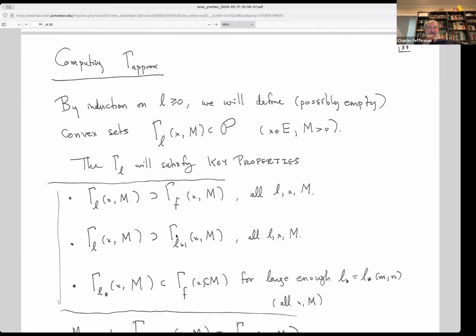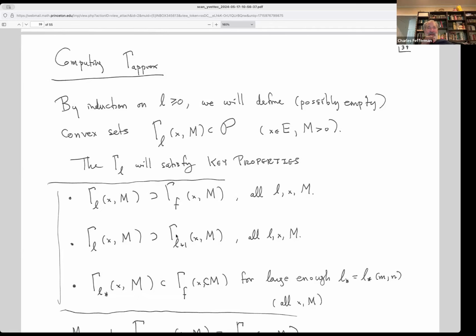And the third statement is that if you carry this procedure out L star steps, where L star is a large enough integer constant depending only on little m and little n, remember those are the parameters of our Banach space, then although gamma L star contains the gamma that we want, it is nevertheless contained in the gamma that we want if we increase M by a constant factor.